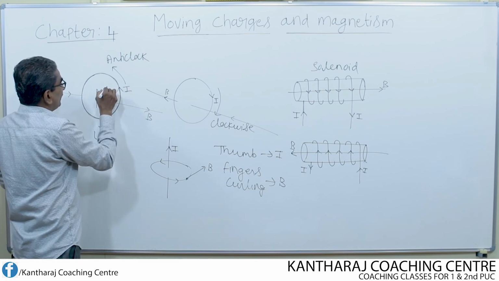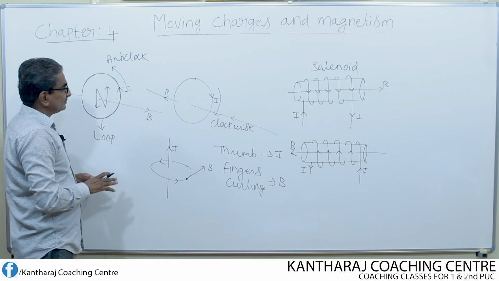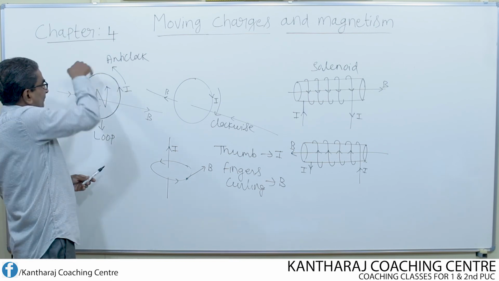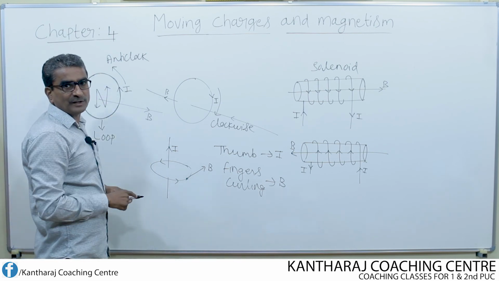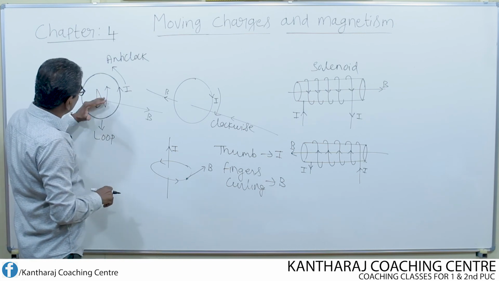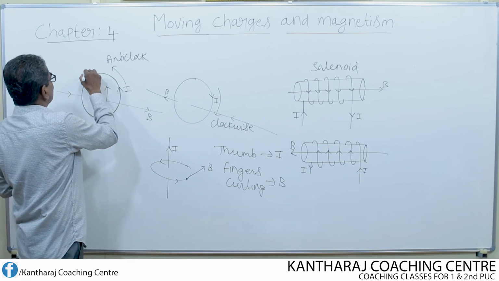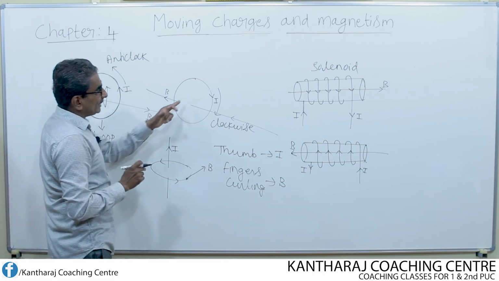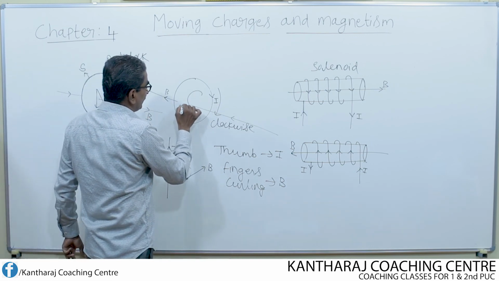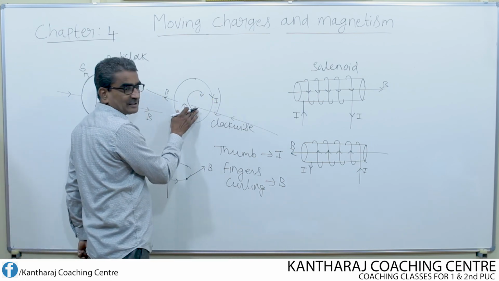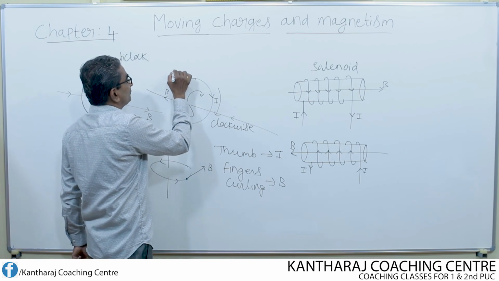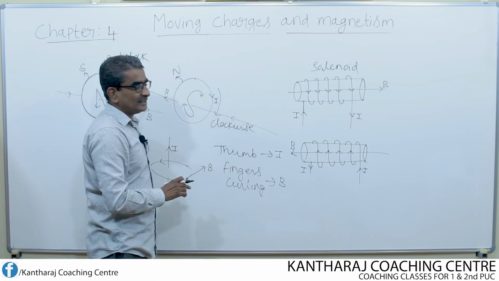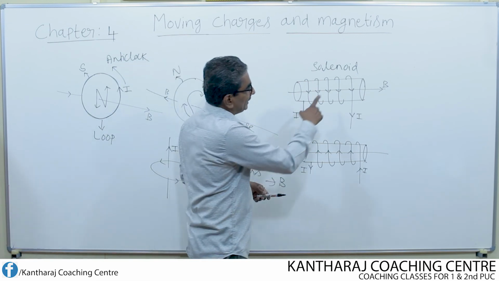Here the near face of the loop, this is near face. Back of this we consider as far off face. If this face behaves as north pole, its back face behaves like south pole. Whereas in this case, the near face, meaning front face, behaves as south pole, whereas back face behaves as north pole. Same thing we can apply here also.